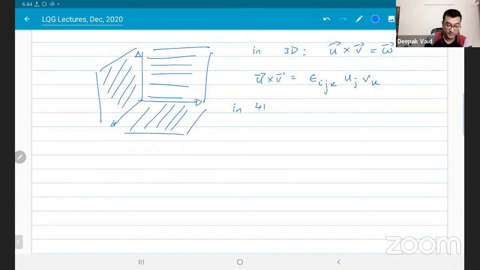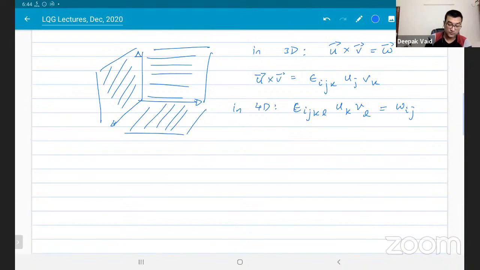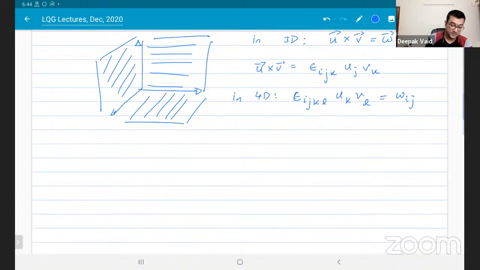But let's say you are in 4 dimensions. In 4 dimensions, you will get epsilon ijkl uk vl. This will be a 2 form now, because there are 2 indices on the epsilon which are left uncontracted. So it is only in 3 dimensions that you have this duality between vectors and bivectors, right?